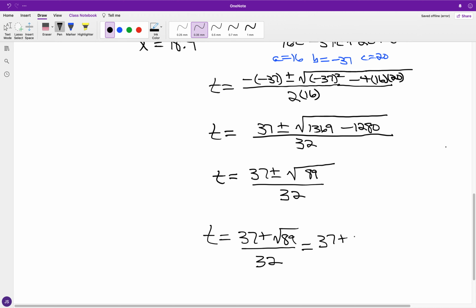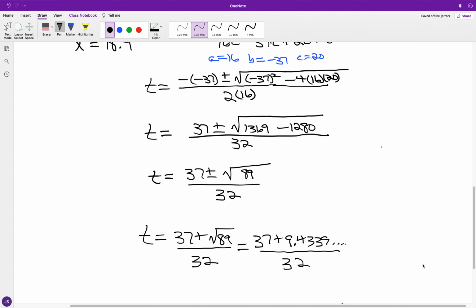And for the square root of 89, you have this number like 9.4339, and just keep the sum for right now. So I have 46.43398.